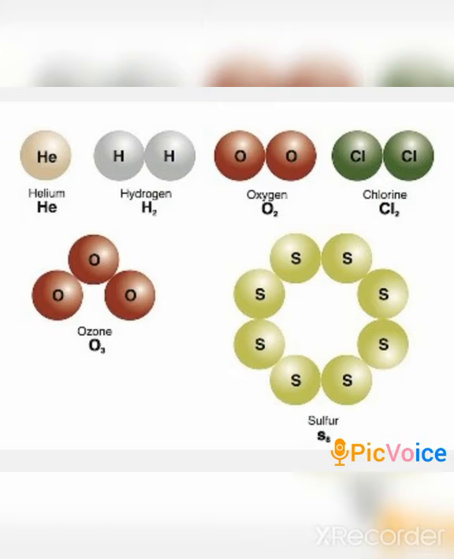And with respect to certain elements such as gold, iron, helium, the atoms are individual, meaning a single atom exists. But with respect to hydrogen, oxygen, it is always in a bond. So such elements are known as molecules, wherein two atoms are combined together. These are molecules: hydrogen, oxygen, chlorine. Because two atoms are combined together, these are known as molecules.